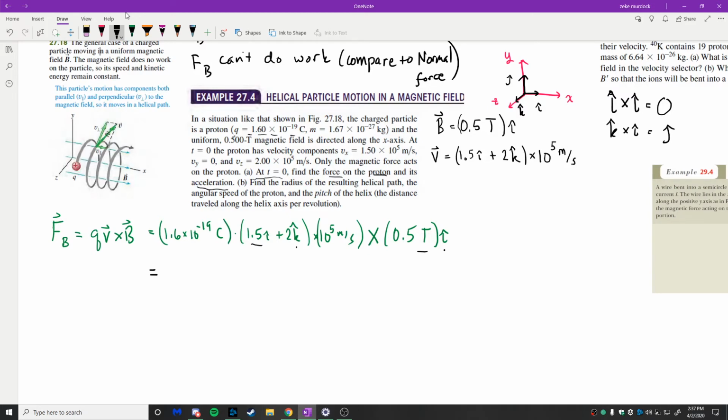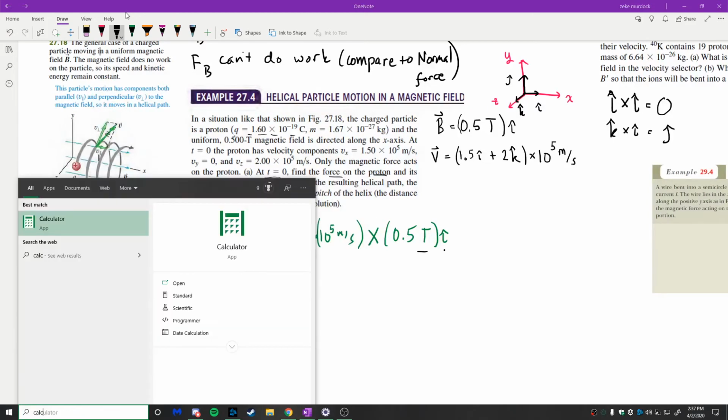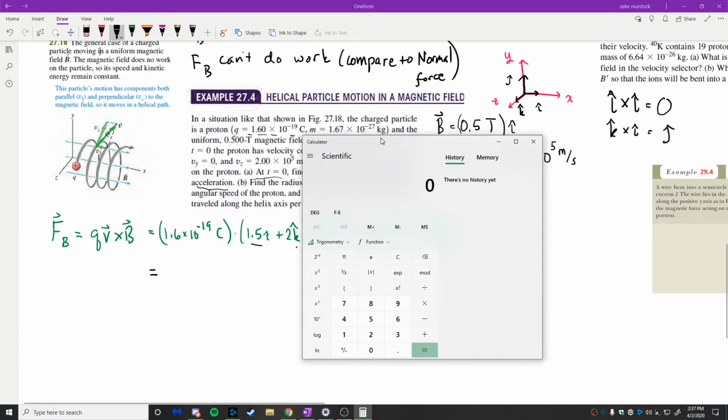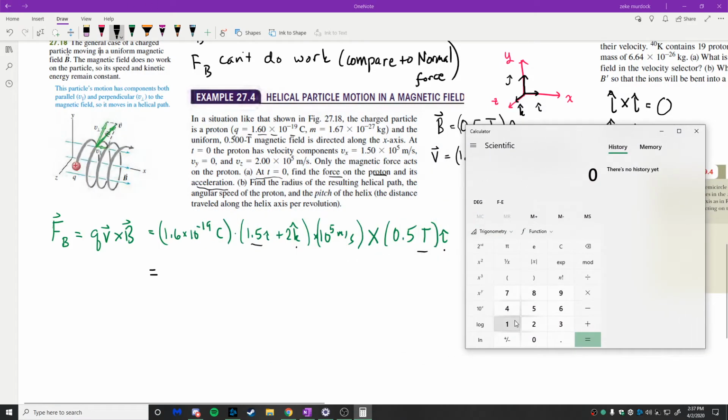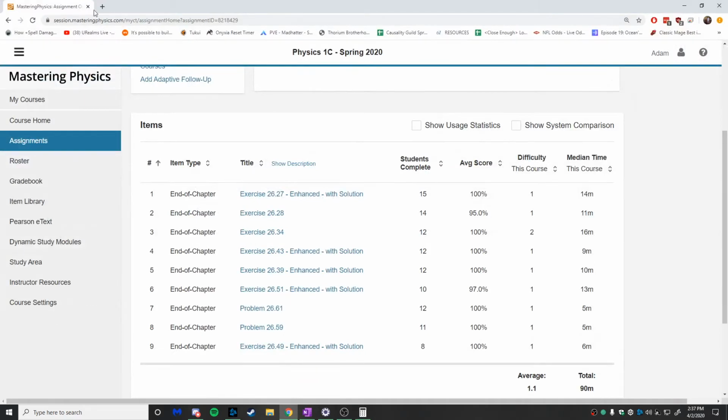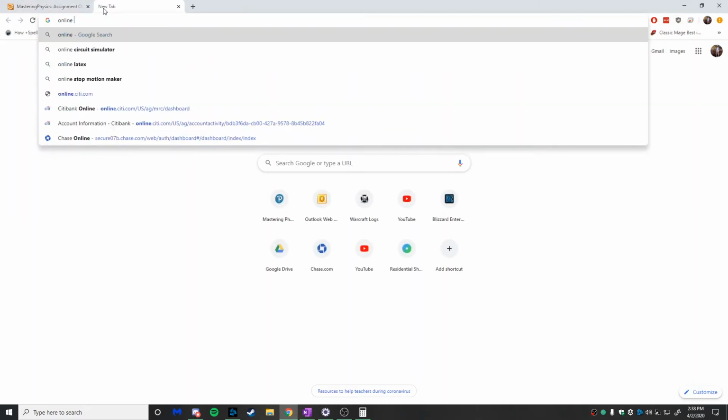So we're just going to multiply everything through, and I guess I'll pull the calculator up. We're doing 1.6 times 10 to the... I knew it was going to do that. We're going to get a better calculator than this, because this is awful.